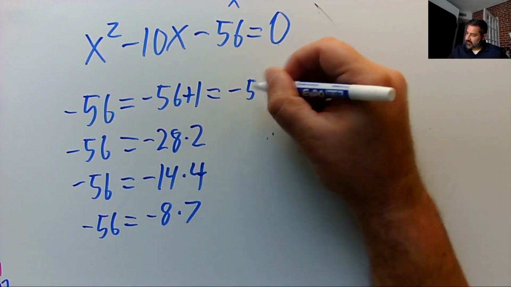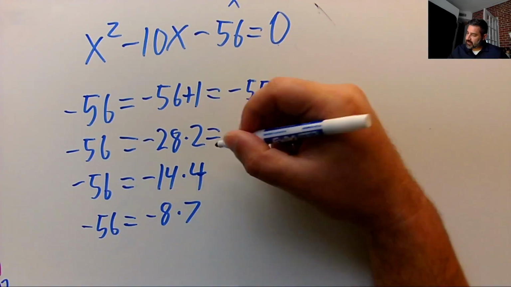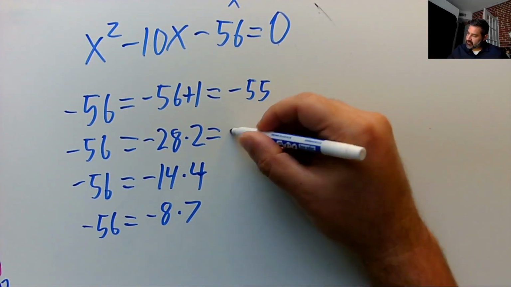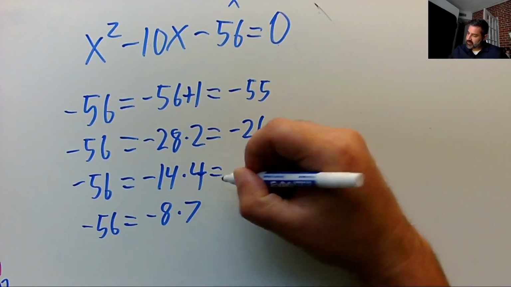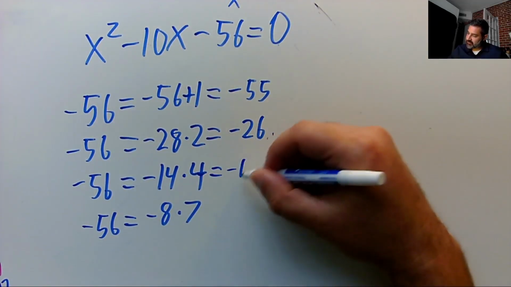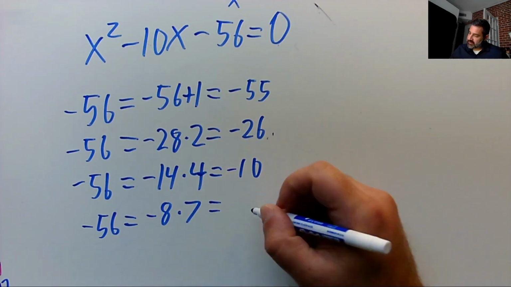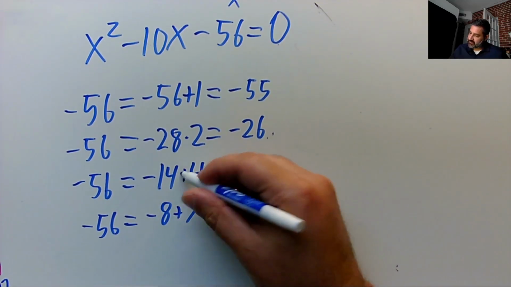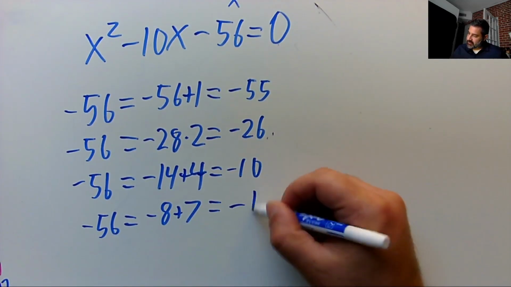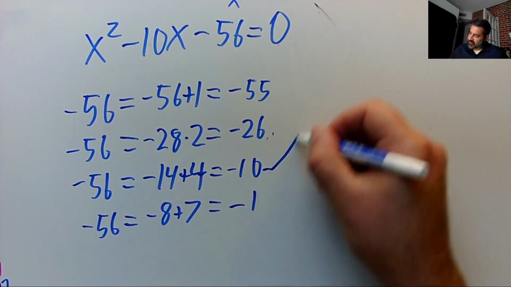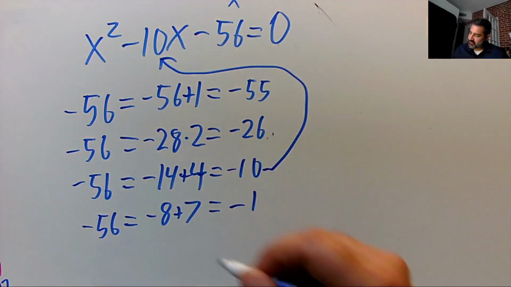Let's add them up. That's negative 55, that's a no-go. Negative 28 plus 2 is negative 26. Negative 14 plus 4 is negative 10. And negative 8 plus 7 is negative 1. And we're looking for negative 10.